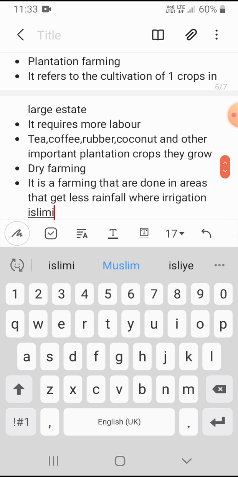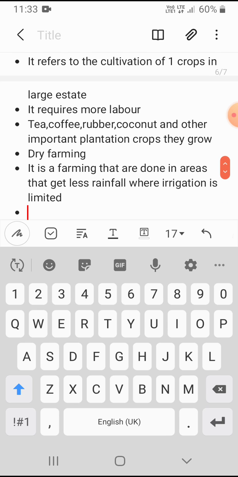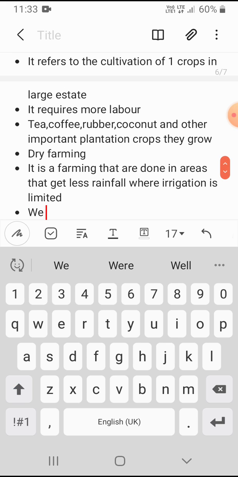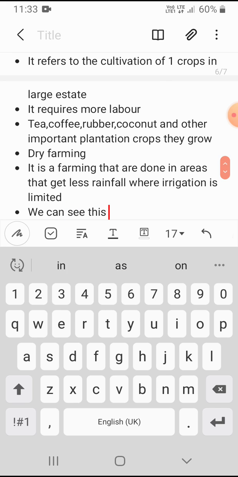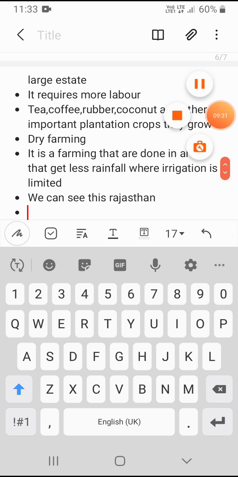This is called dry farming. We can see this in Rajasthan. So this is dry farming.